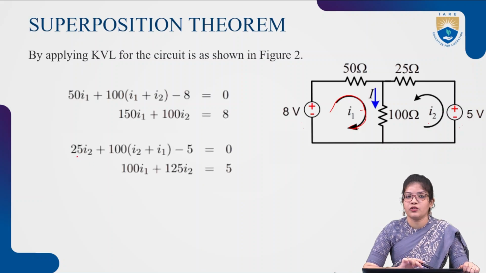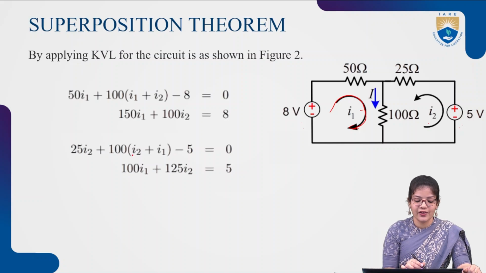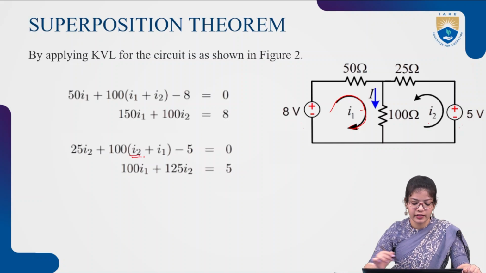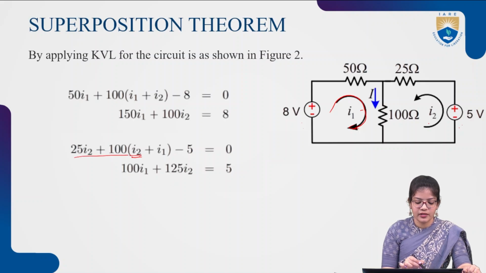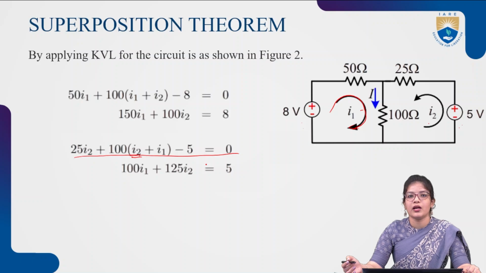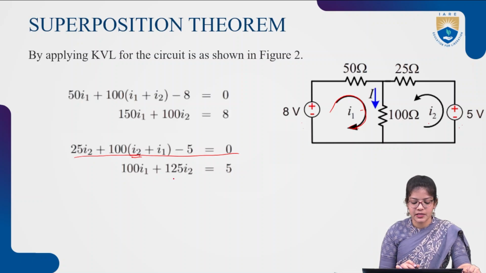The equation becomes 25 I2 plus 100 (I2 plus I1) minus 5 equals 0. As we are considering mesh 2, we first take I2, then I1. After solving, we get 100 I1 plus 125 I2 equals 5.